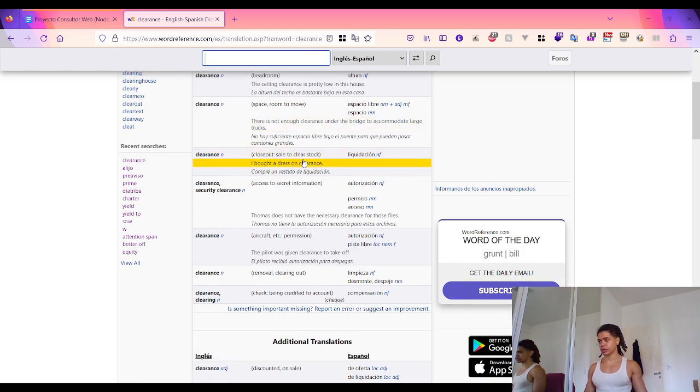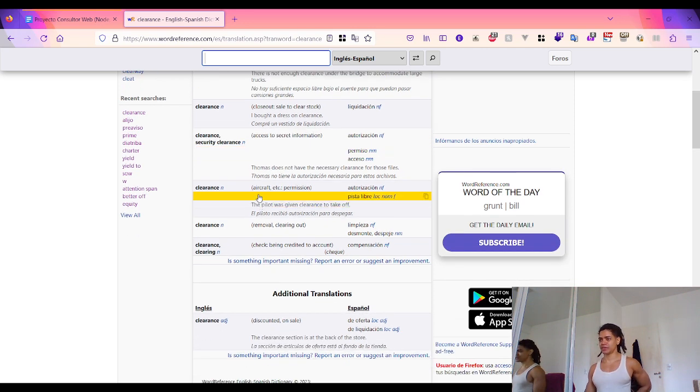Close out sales, to clear stock, liquidation. I bought a dress on clearance. Ah, okay, I bought a dress on clearance. Liquidation. On clearance.